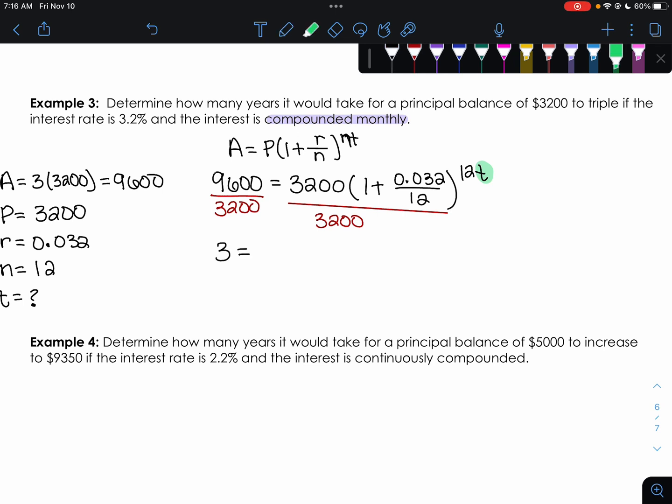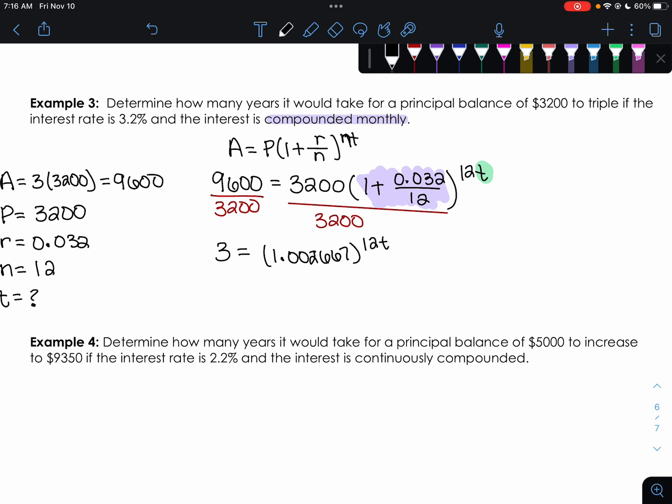Then I'm going to type this into the calculator to get a decimal. So 1 plus 0.032 divided by 12, we would get about 1.002667 to the 12t power.